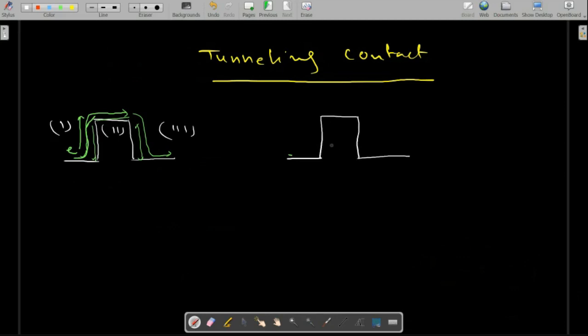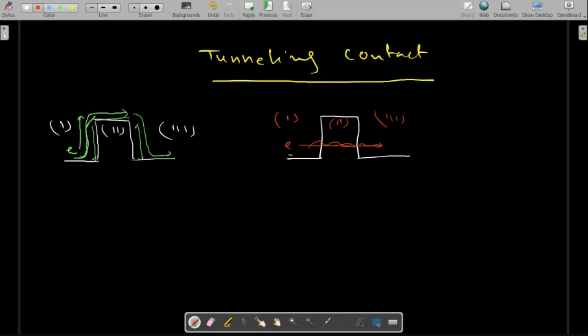The quantum mechanics says that without crossing the barrier, it is possible to transfer the carrier from region 1 to region 3. How is it possible? The electron can penetrate through this wall, that is through the wall of region 2, the potential barrier, and travel to region 3 from region 1.